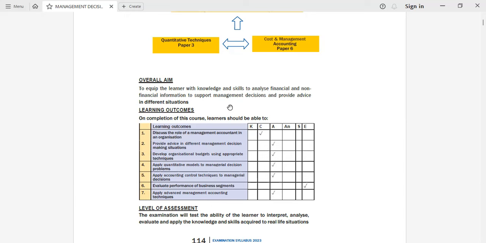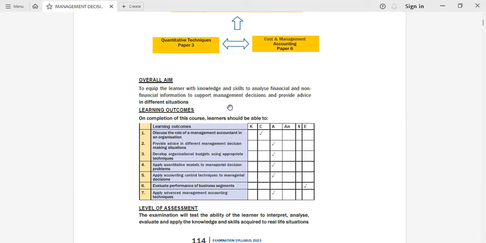Because if you have gone through the MDC course and you have not achieved these learning outcomes, it means you can't even pass the paper in the first place. So before you attempt the final paper, you must have understood some of these outcomes. And these are the things we expect you to be having.